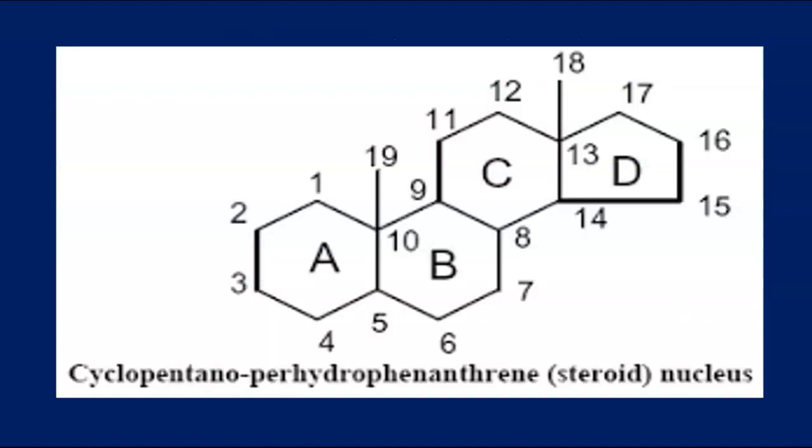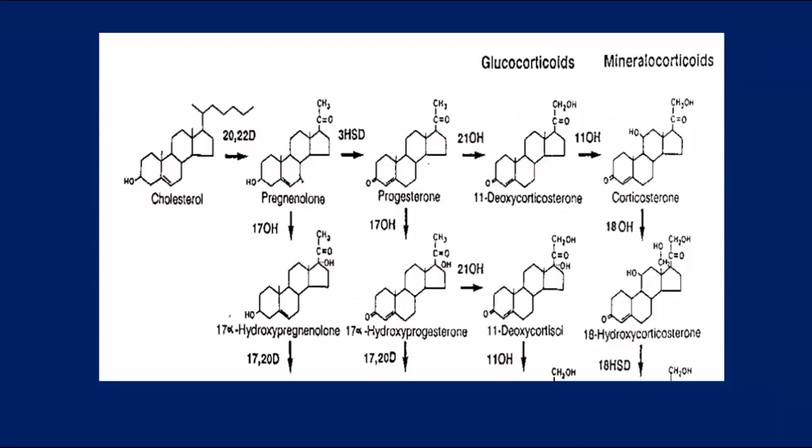So we start out with the typical steroid nucleus or structure with the 4 rings and the labeling of the carbon atoms as noted here, something I'm sure many of you have some recollection of from your biochemistry days.